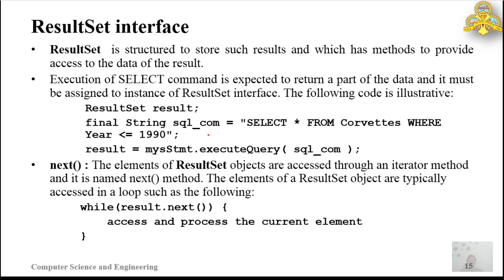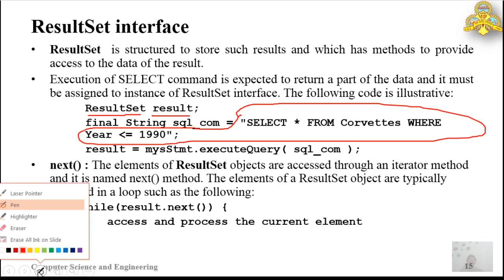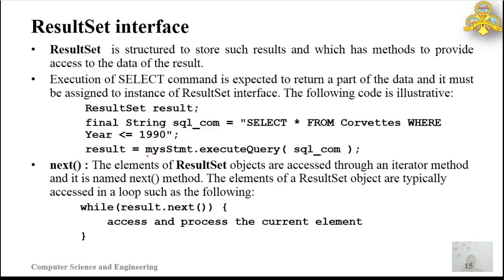Here in the example code, result is an instance of the ResultSet interface, and one SQL command is prepared as a string. Observe this is the SQL command, and I will run this command using the Statement object: mystmt.executeQuery(sql). The SQL command is the string object. Whatever the result of this command is returned and stored in the object reference, that is result.